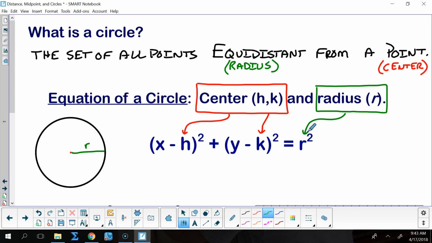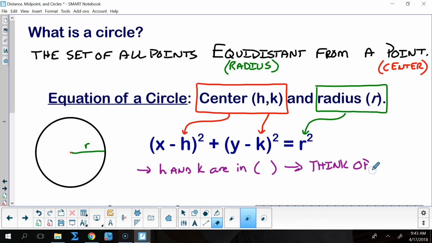Now, a couple of things about that equation. First off, because h and k are in parentheses, we need to, in math, think opposites. Having troubles with P's today.